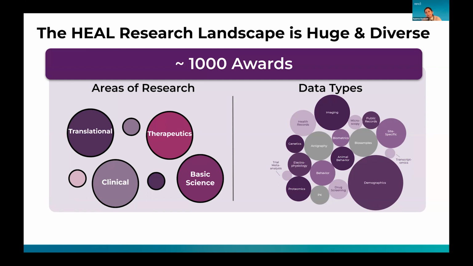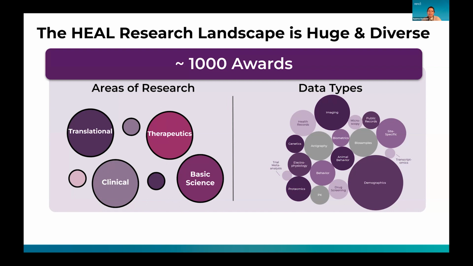And these research projects are generating a variety of data, which covers health records, behavioral data, imaging data, demographic information, public records, genetics, and all sorts of omics-related data, such as proteomics, genomics, metabolomics, and so forth. So essentially, we have different types of projects, different types of studies, and these studies are generating huge volumes of data.